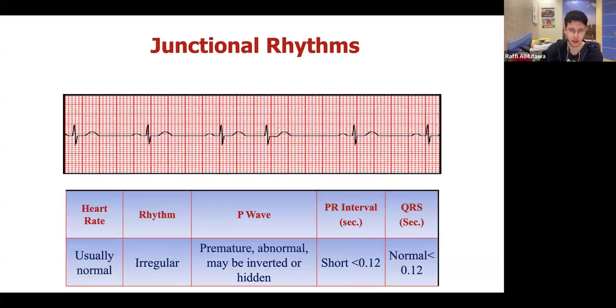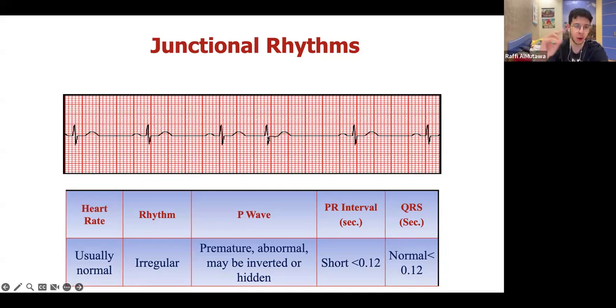So remember, let's go back to the concept of premature. We said premature, normal sinus, and then there's one or a few parts which are abnormal. So the rhythm is normal, and then you have some sort of abnormality, like right here. We know this abnormality in the background of normal sinus rhythm is a premature contraction.